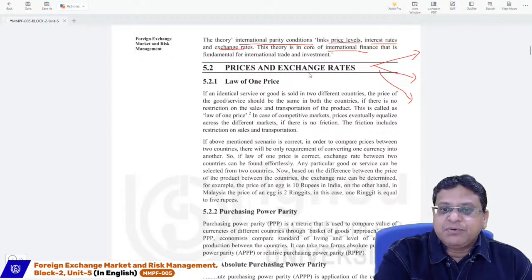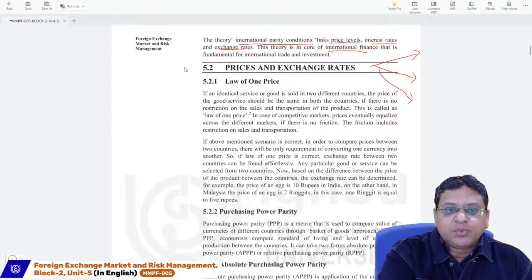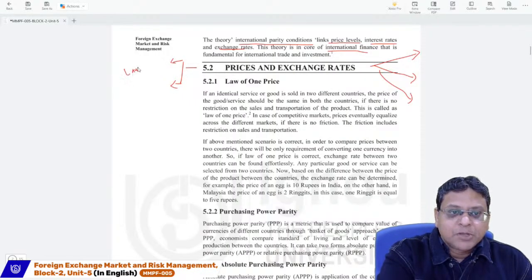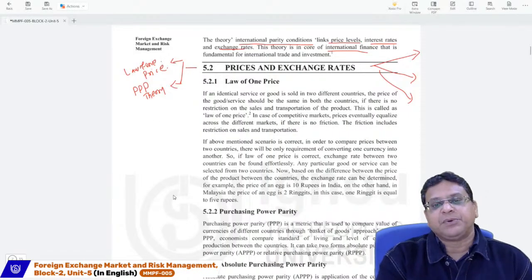PPP means purchasing power parity theory.